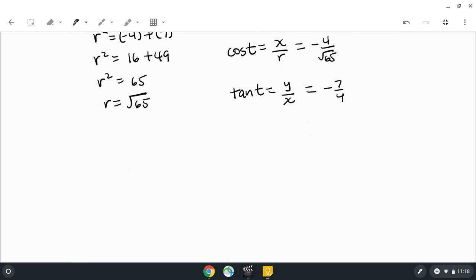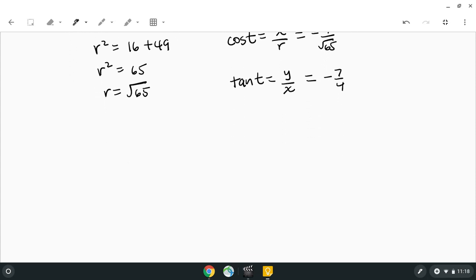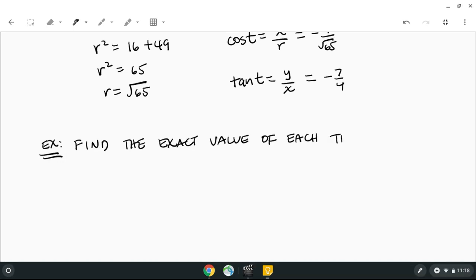All right, so let's take a look here. Find the exact value of each trig function.